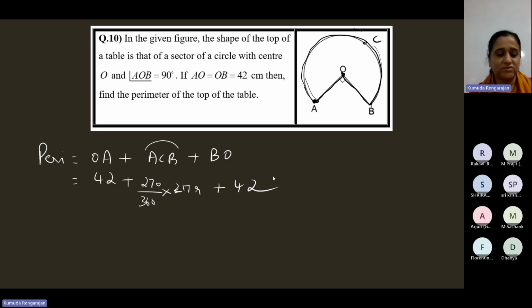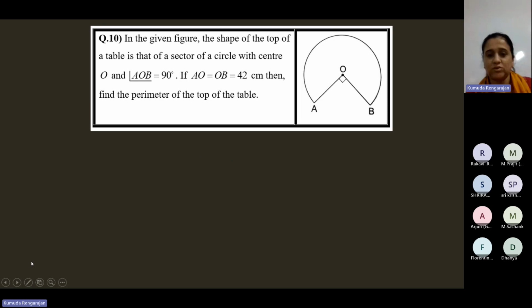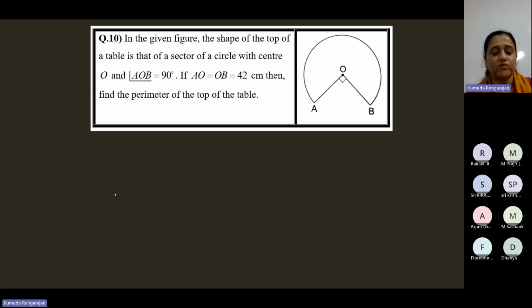Okay. Let me just give you a question based on a situation like this, where we have to find the perimeter. Now, supposing you have a figure like this.